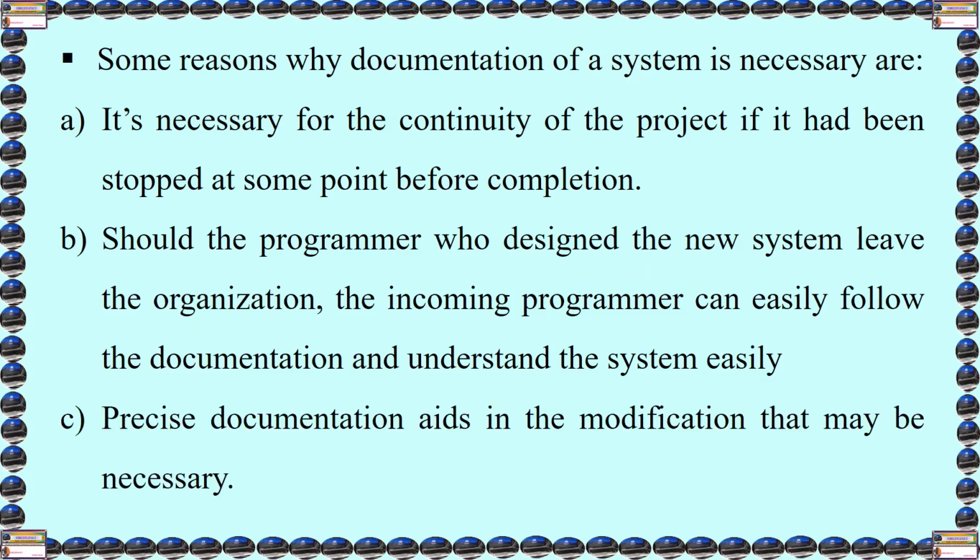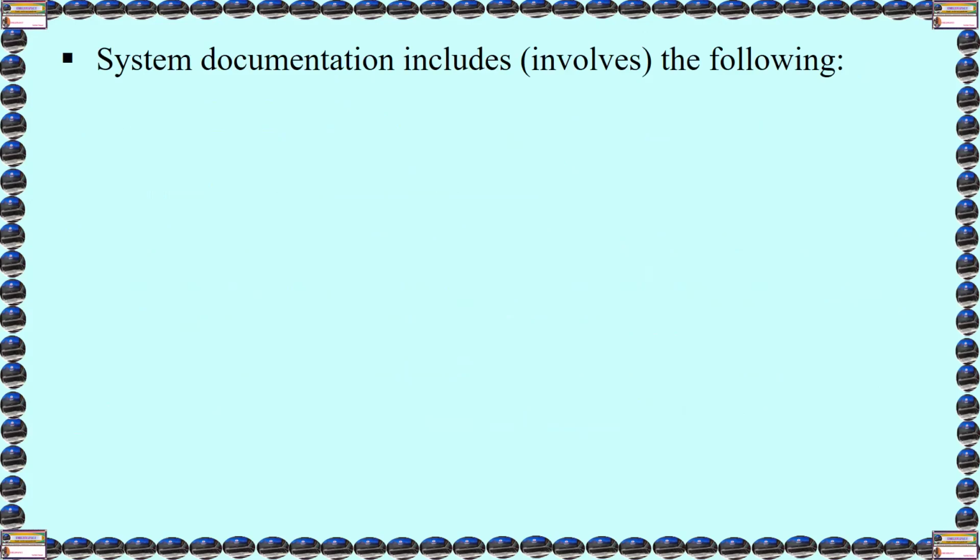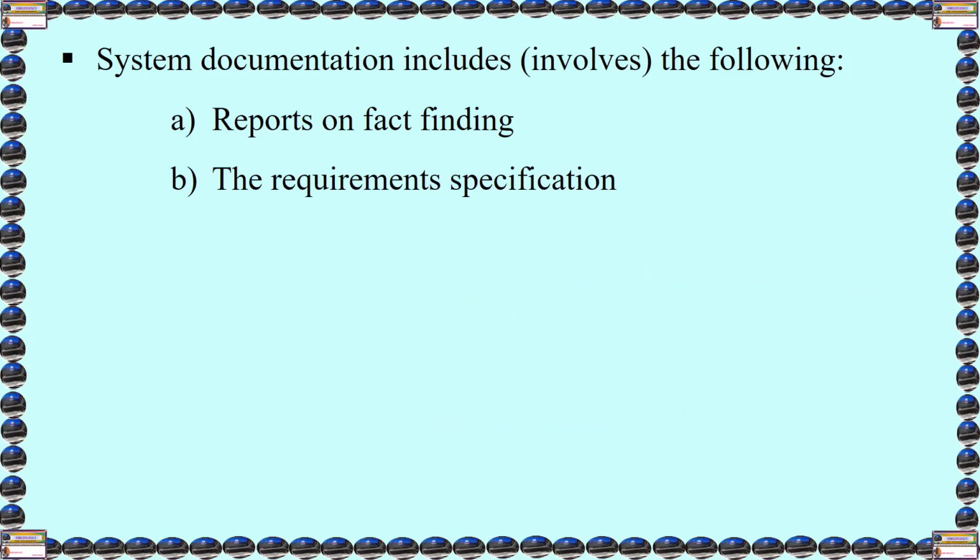Number 3, precise documentation is needed in the modification that may be necessary. Therefore, system documentation involves the following activities. Number 1 is reporting on fact finding. 2 is doing what we call the requirement specification.